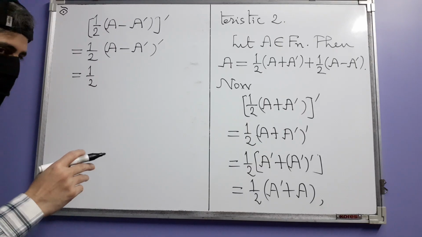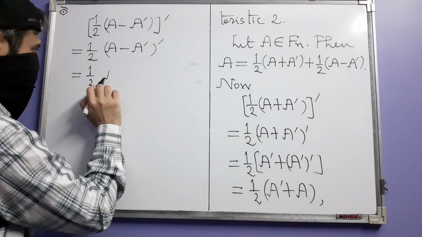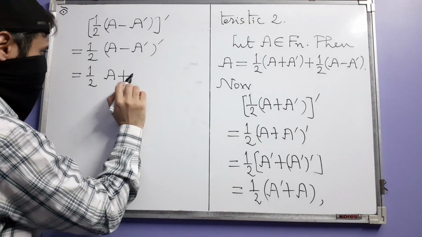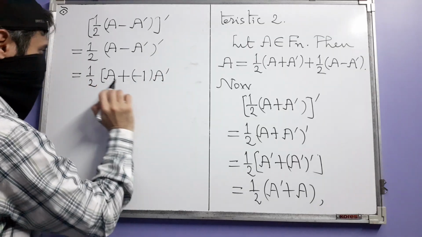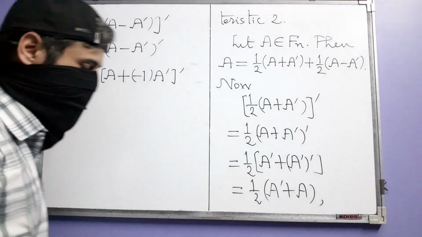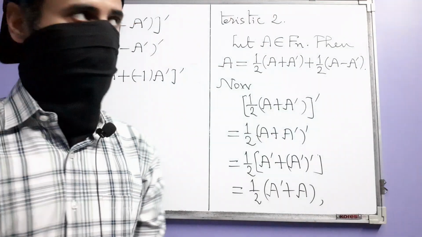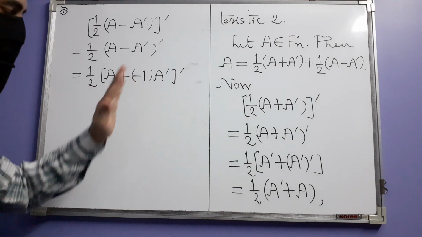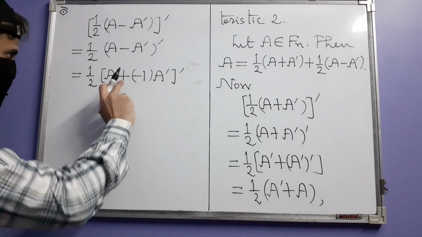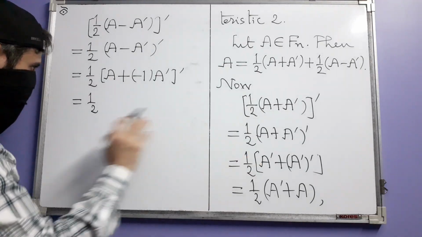Now, to be a little more detailed than usual, let us first write this as A plus minus 1 times A transpose, so that we can understand precisely what is going on when we take the transpose inside, which we can do just like there.